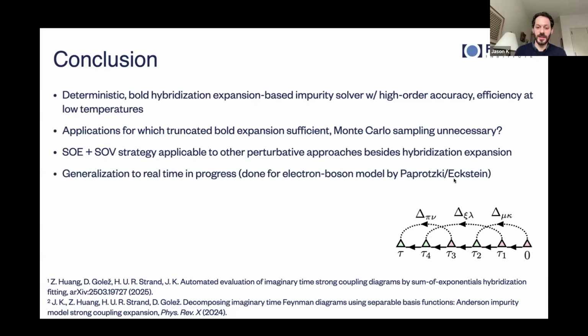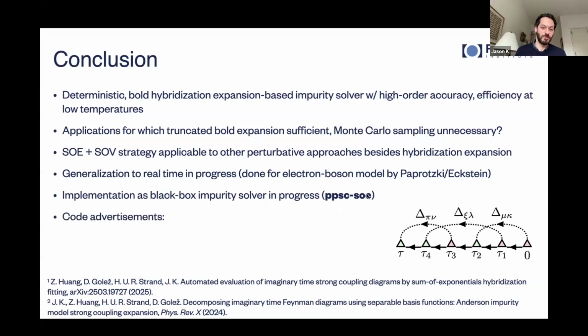Actually, Martin Eckstein and his student did this for a simple model using ideas related to this algorithm. And Zhen, the student we've been working with, has written a very nice code, which we hope to make open source soon as a tricks-compatible impurity solver.